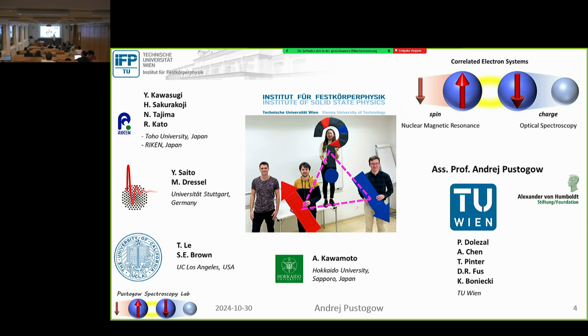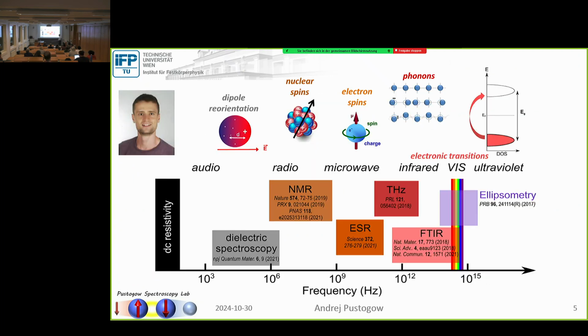And I have collaborations with people in Japan who provide me these organic samples, also with my former PhD advisor, Martin Dressel in Stuttgart, also with the group in Los Angeles with Stuart Brown, some other Japanese collaborators, and of course people in Vienna. I'm also doing other types of research on thermoelectric materials and inorganic materials, but today it is only the organic part that I'm looking at.